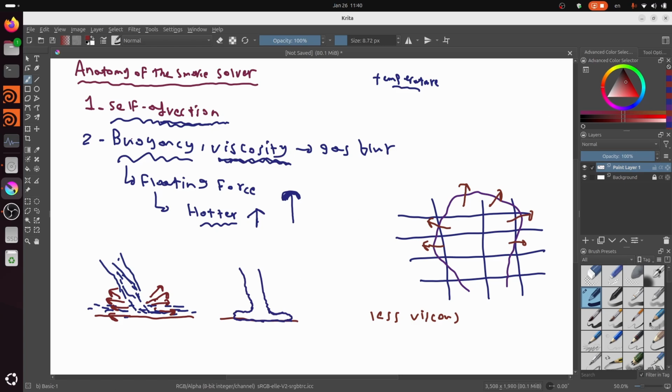Okay, so I just want to draw it. If this is your viscous fluid, when it hits the surface, it didn't spread so much. It just made a circle. This is because there is more viscosity, and this viscosity is going to minimize the difference between the velocity vectors.